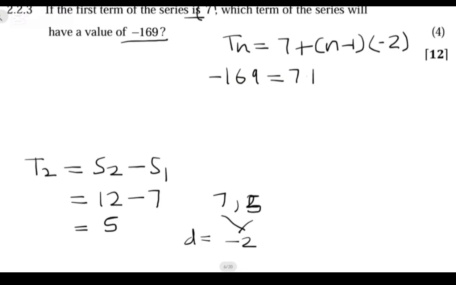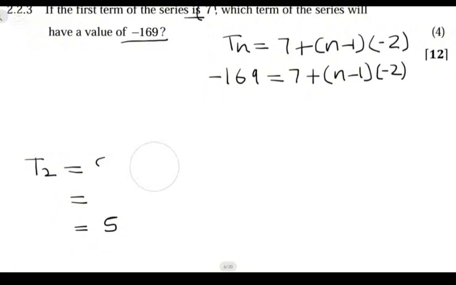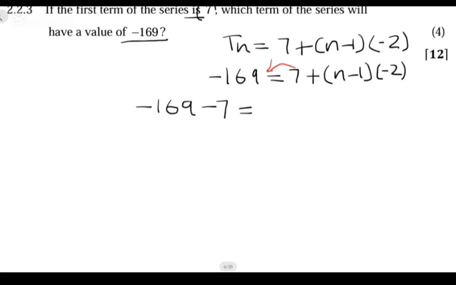There are a lot of ways, guys, to find the value of n here, but the one that I like, which I think is easy, is to take 169, take this 7 to the other side, and I'm going to have negative 7, which is equal to n minus 1, times negative 2.